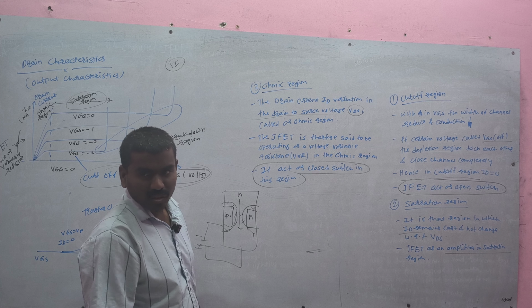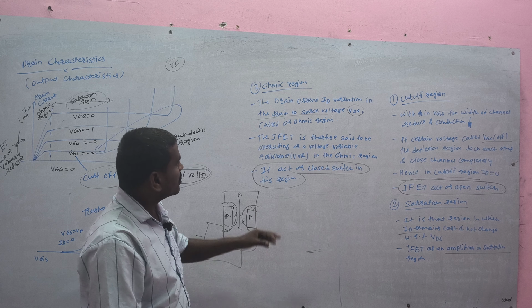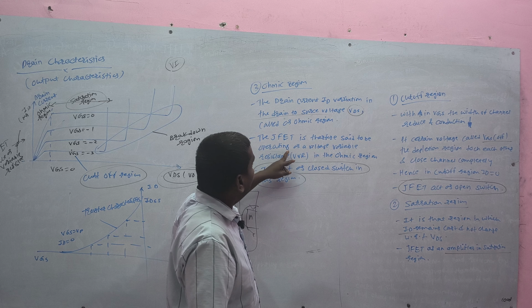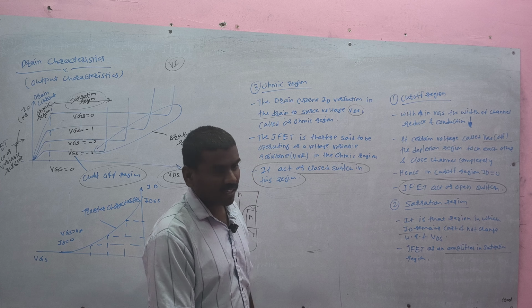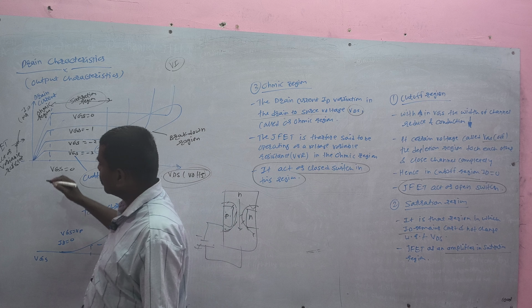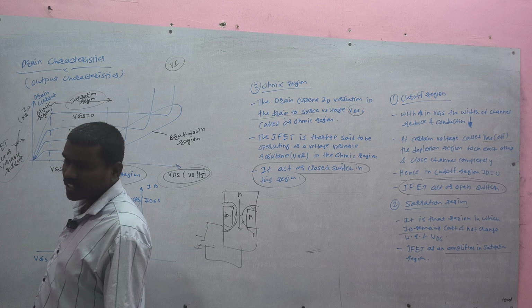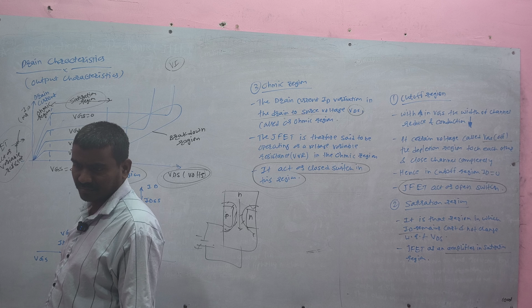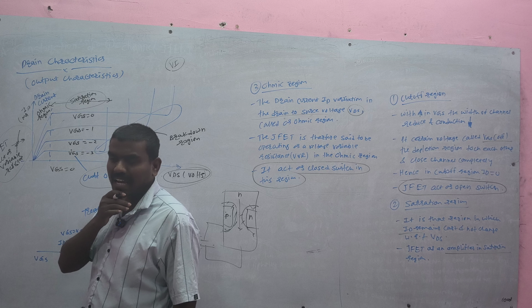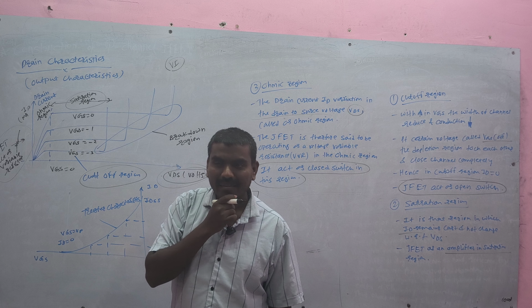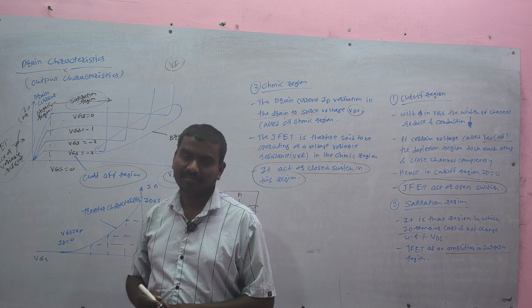JFET is further said to be operating as a voltage variable resistance in the ohmic region. So here JFET acts as a variable resistor. Variable resistances are connected to this, because it acts as a variable resistor.